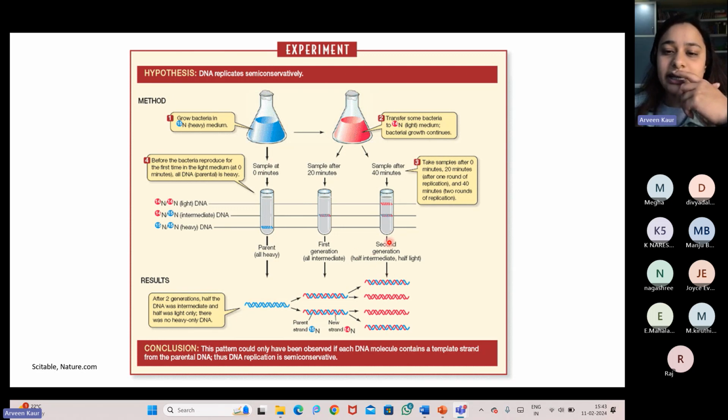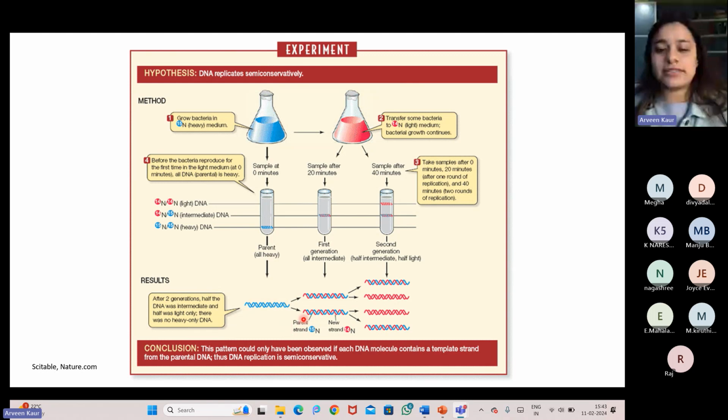So half intermediate and half completely new light chain DNA were observed, right? Then what were the final results? After two generations, half the DNA was intermediate and half was light only. There was no heavy-only DNA present, right?